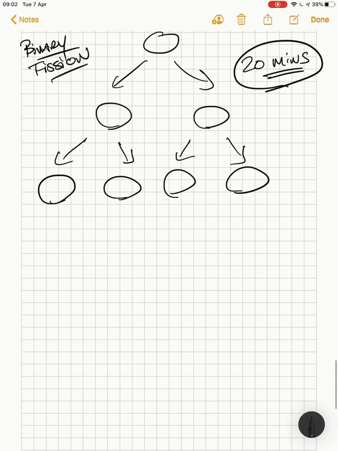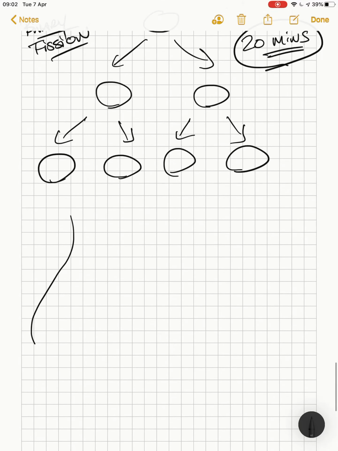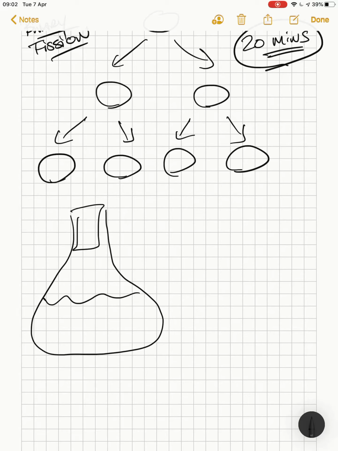So we can grow bacteria in two mediums. We can grow them in what's called a broth culture, a nutrient solution, if we're going to have lots and lots of it. So that's basically like a flask. You might have seen this in lessons, you might have done it. If you were plating it out, you'll have something that looks like chicken stock in this flask, and you plate them out onto agar plates.